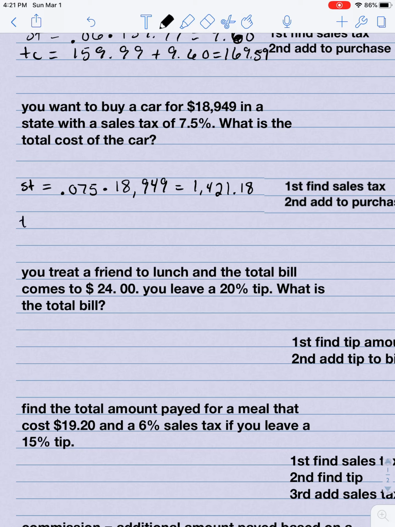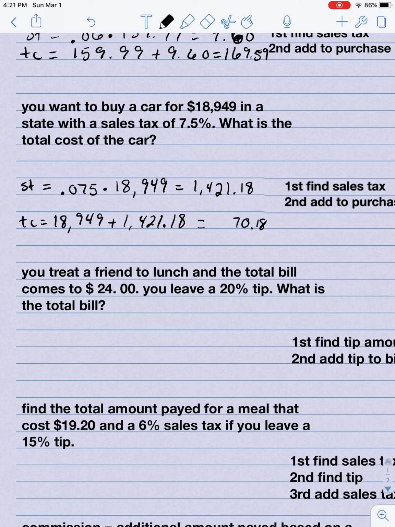So now your total cost equals $18,949 plus 1,421.18. You add them together and you will get, so 18 cents in the back. You're going to have 0, that's going to carry the 1. 5 plus 2 is 7.